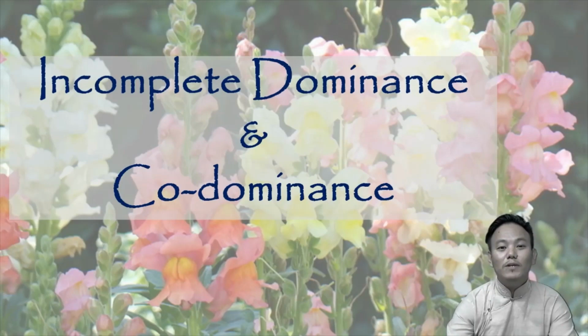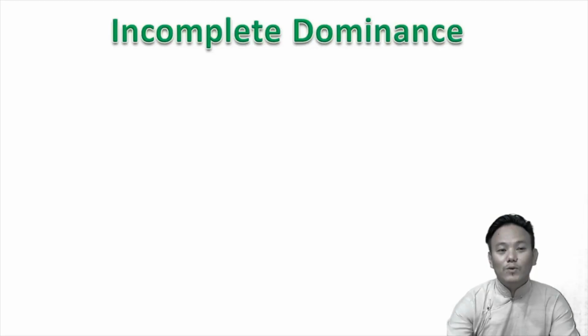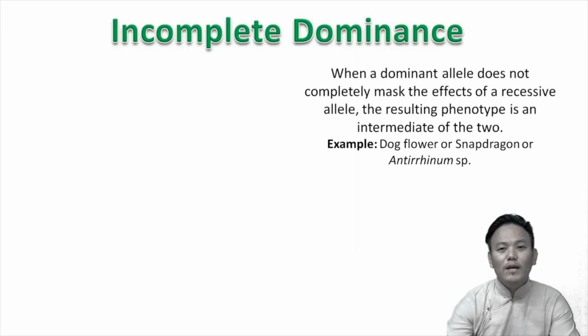So what is incomplete dominance and what is codominance? We will go through them one by one. Incomplete dominance, what does it mean? When a dominant allele does not completely mask the effects of a recessive allele, the resulting phenotype is an intermediate of the two.